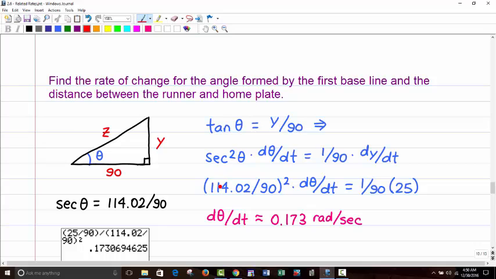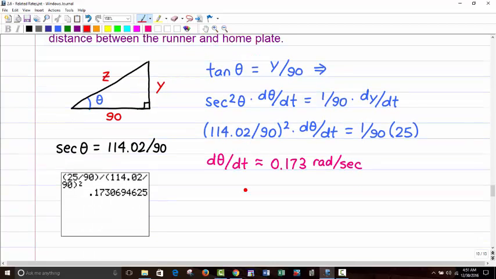So secant is hypotenuse over adjacent, so it's that 114.02 that we found earlier, that's z. 114.02 divided by 90 squared, and then times d theta dt that we're solving. 1 over 90 is here. dy dt was 25. That was given before also too. So solve that, and we get that angle's changing at a rate of positive roughly 1.73 radians per second.